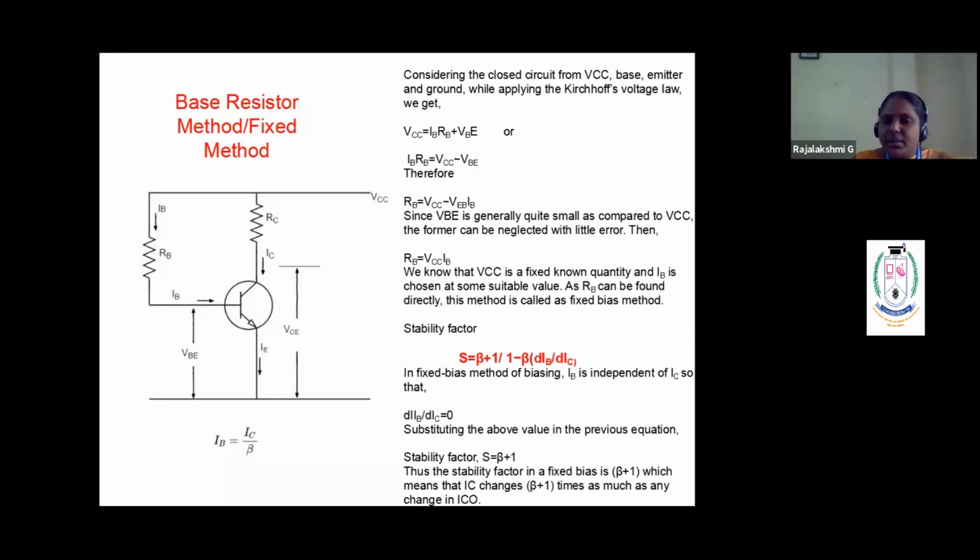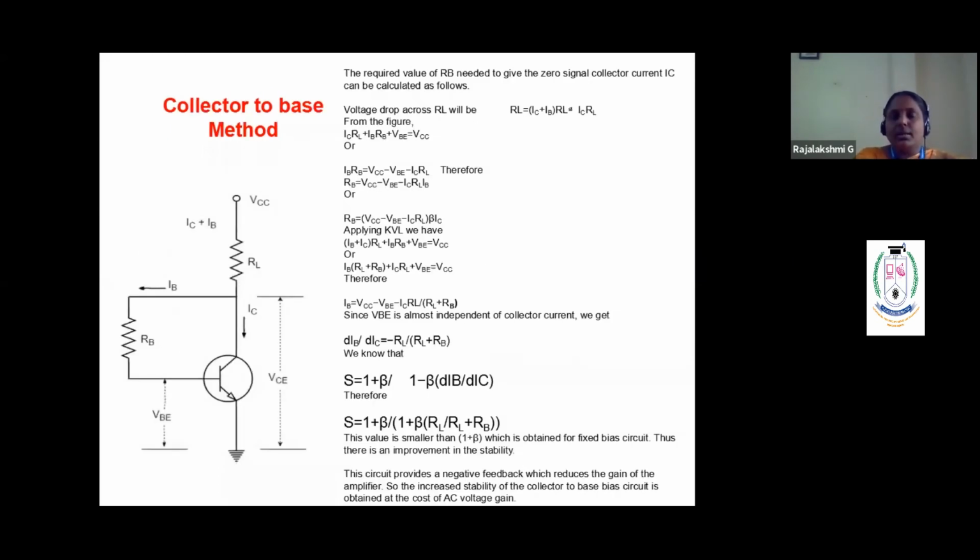We have to maintain the stability factor as close to 1 as possible. Compared to other types it is somewhat better, and to some extent you can achieve stability. If it were 1 it would not be a problem, but it is beta plus 1 times. Next is the collector method.